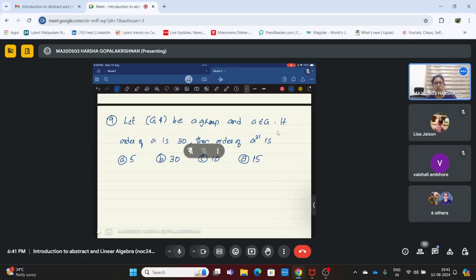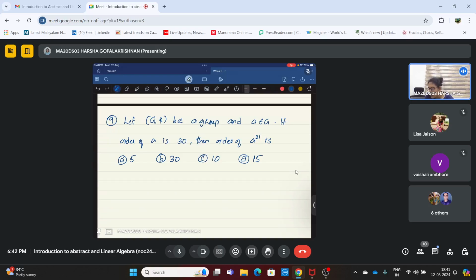Now the next question is: G star is a group and A is an element in G. They are not specifying what this group is, and it is just given that the order of the element A is 30. So the question is, what is the order of A power 21? To solve this kind of question, we have one formula.